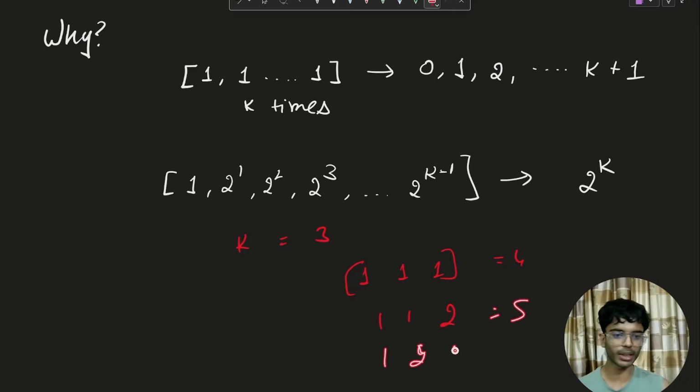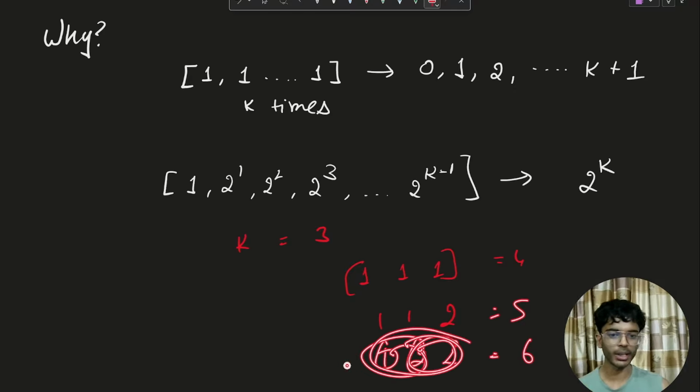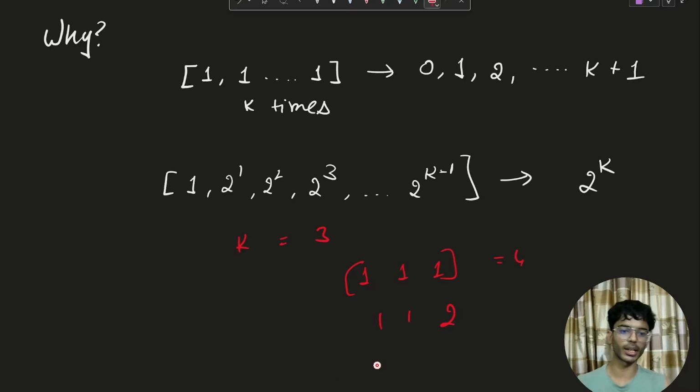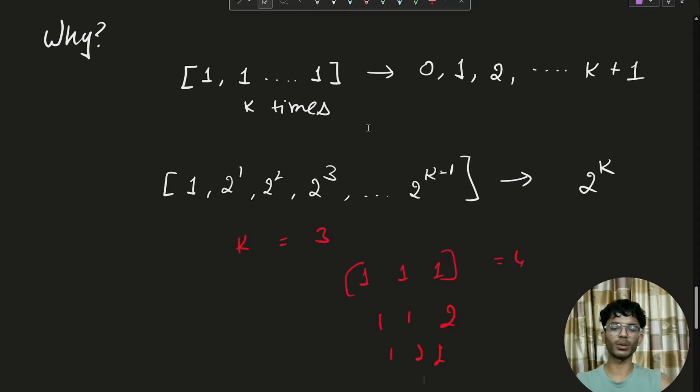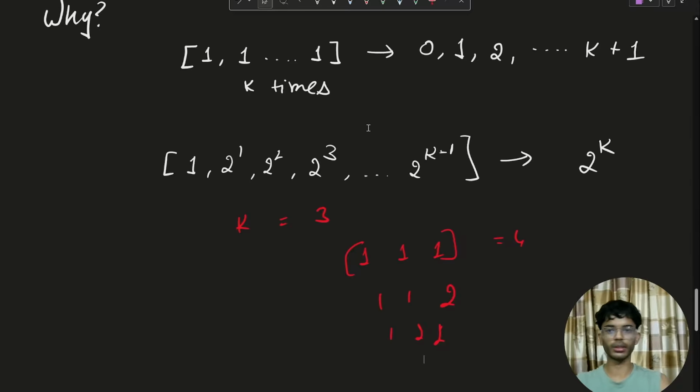Now, if you want to get 6, we can make it this. We can get 1, 2, a sum of 3, a sum of 4, a sum of 5, and we can also get a sum of 0, that is, not including any element. So this is pretty much an intuition on why we can get every value in between k plus 1 and 2 raised to the k. For a concrete mathematical proof, you can search over the web.